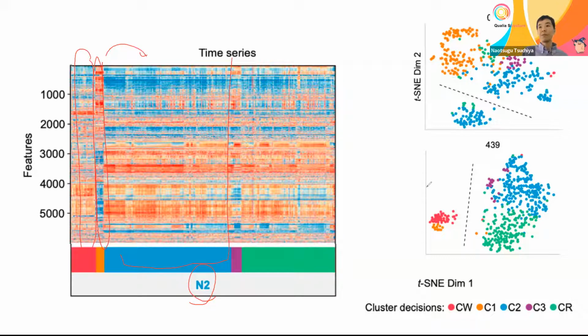If you do some kind of lower-dimensional representation of this, among the 12 subjects we looked at very carefully, pretty much everybody showed this kind of distinct cluster within N2. For example, here subject 439 and subject 001 have this cluster.